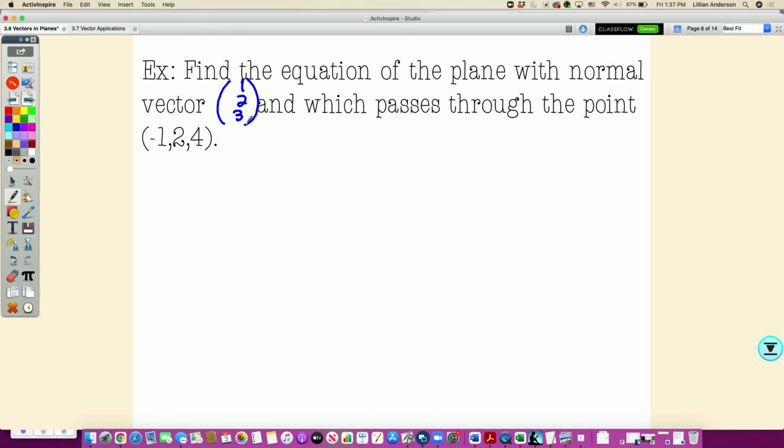This one's your very easiest question. The reason why is because remember you have the equation AX plus BY plus CZ is equal to D.